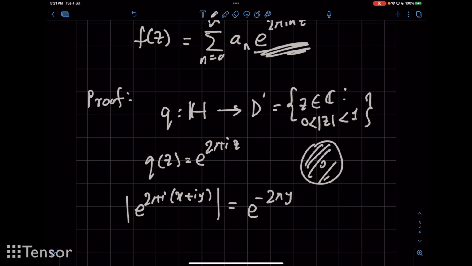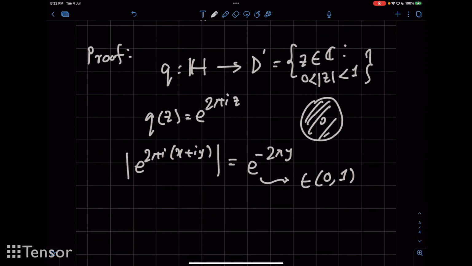So this thing is in the interval 0 to 1. So indeed, this is a function from the upper half plane to the punctured disk. All right. And another thing is, this function is surjective.